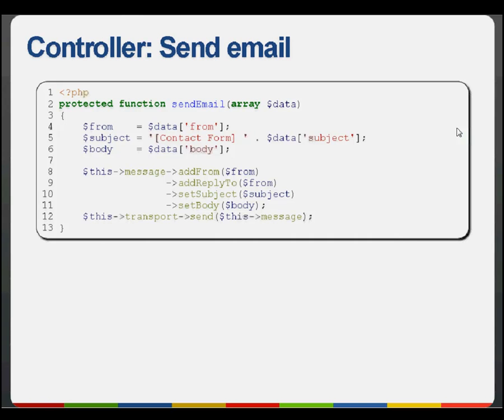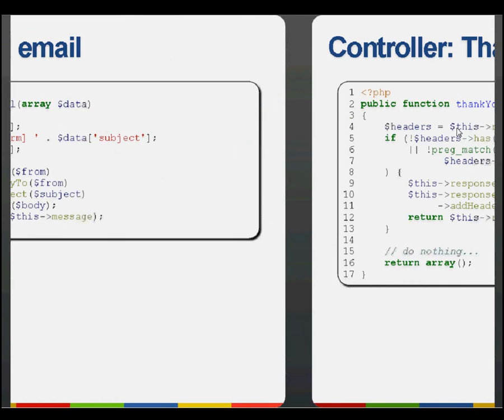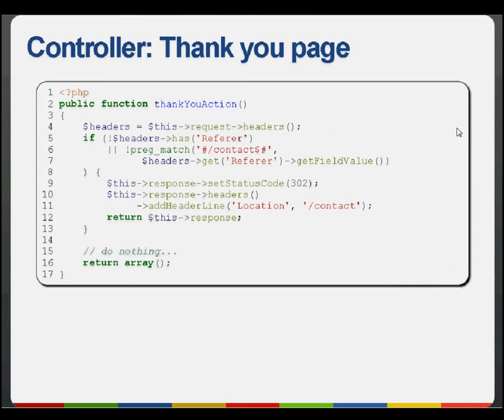The final action in this controller is the thank you page. And this one we're going to do a couple of checks. We want to look at our headers and see if we have a referrer header. If we don't have that, or if it doesn't match /contact, then we're going to say, hey, you came to this illegally. We should really only be getting to this from the contact page. And if so, we change the status code to 302.